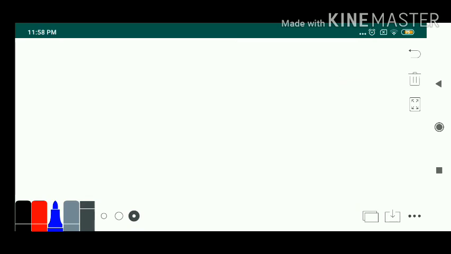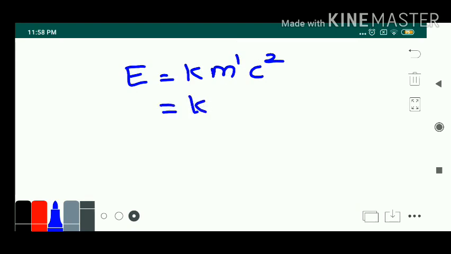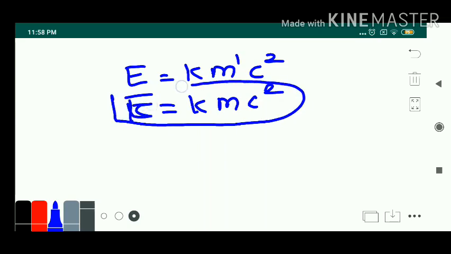It is E is equal to K, M raised to 1, C raised to 2, or I can say it is K into M C square. This is the energy equation. We just derived the mass energy equivalence equation. Happy? That's why I told you this is very easy. By the dimension method, I have found the relationship between energy, mass and velocity of light.